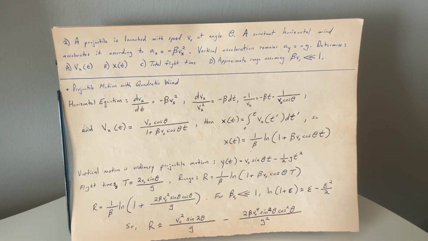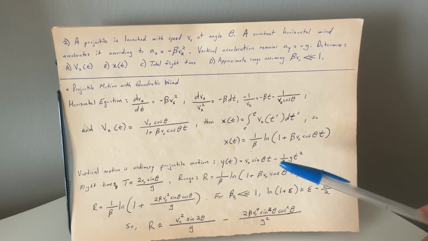So from here, we could say x(t) is the integral from 0 to t of v_x(t') dt'. So x(t) is going to come out to (1/β) ln(1 + β v₀ cos θ t). Our vertical motion is ordinary projectile motion in this case.